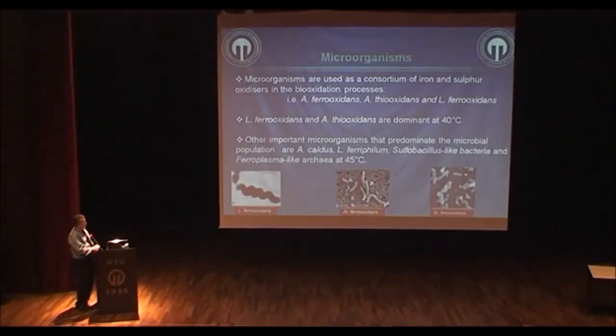At different temperatures, they have properties important to biooxidation. For example, Leptospirillum ferrooxidans and Acidithiobacillus caldus are more temperature tolerant, so they dominate the processes at 40 degrees Celsius. Other important microorganisms that dominate the microbial population at 45 degrees Celsius are Acidithiobacillus caldus, Leptospirillum ferriphilum, Sulfobacillus-like bacteria, and Ferroplasma-like archaea.